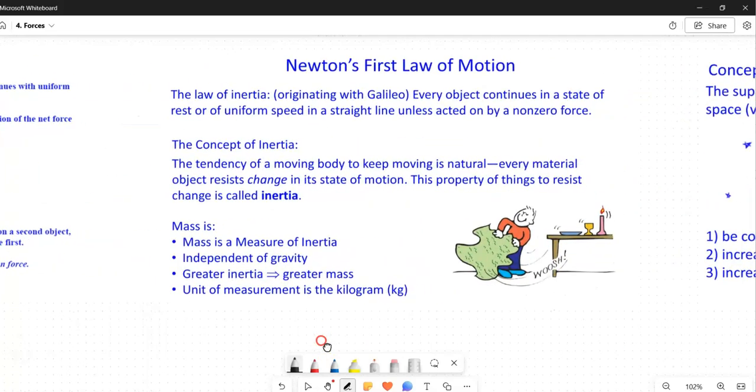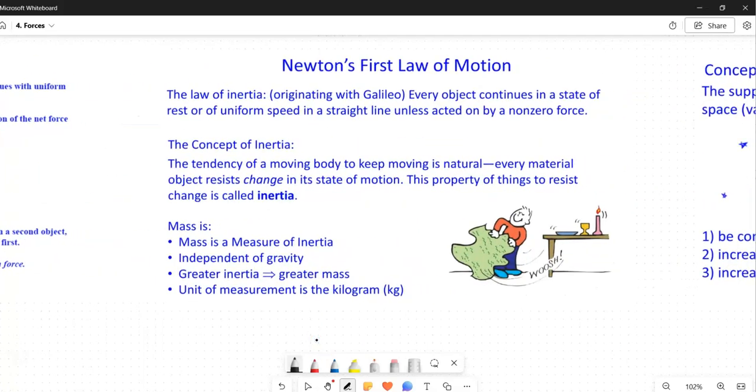Moving on. When we're talking about Newton's first law of motion, we often refer to it as inertia. Basically, it's the tendency of an object to continue its current state of motion or lack thereof.